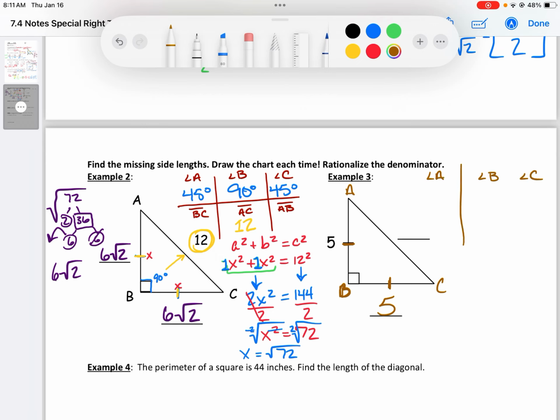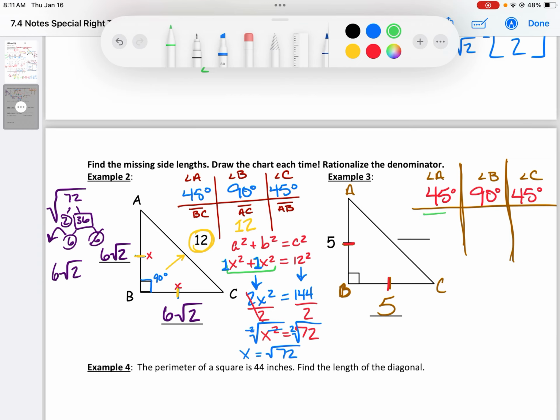And we can create our chart. So angle B is our 90. We know that for sure because of how it's marked. And since this is an isosceles triangle, we know the other two angles have to be congruent, so they have to be 45 degrees each.